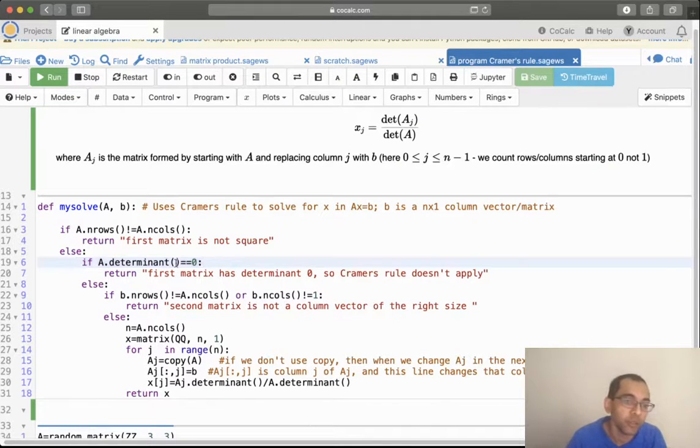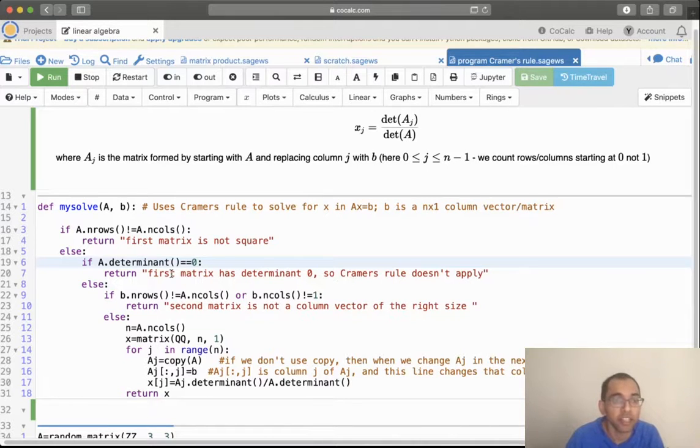What's important to use is the double equal sign. That's the comparison operator. If I used a single equal sign, that's the assignment operator, and that would give problems. So you definitely want to use the double equal sign, and don't forget the colon. This is saying that if the determinant is equal to 0, then return another error message that the first matrix has determinant 0, so Cramer's rule doesn't apply.